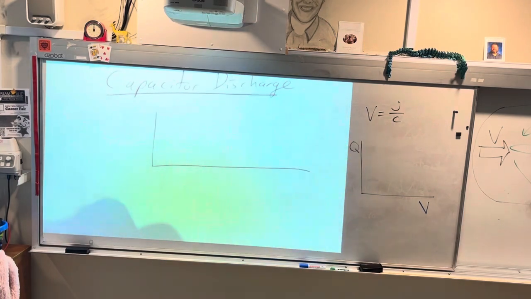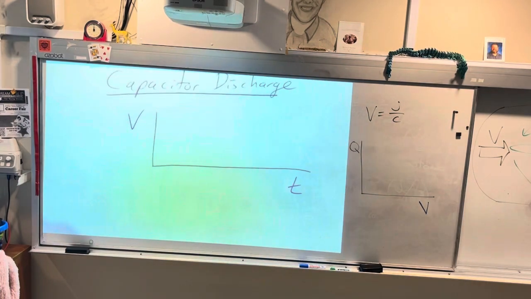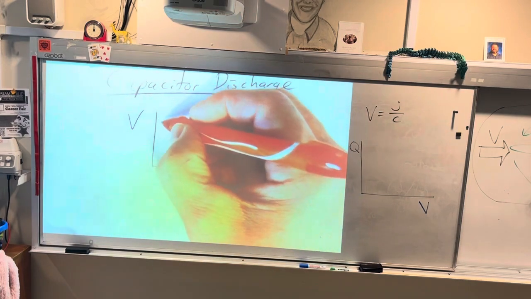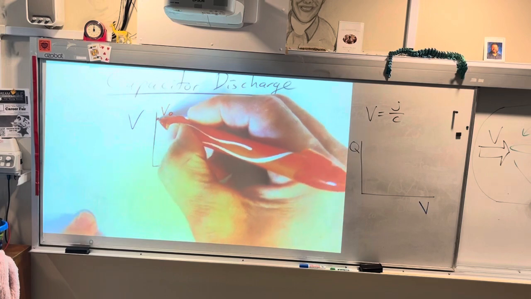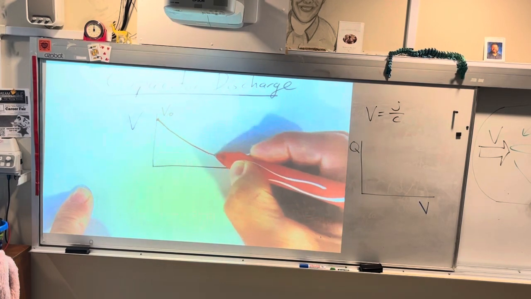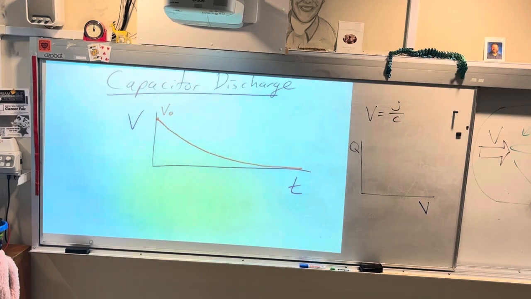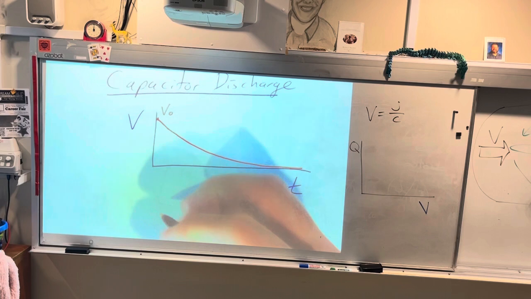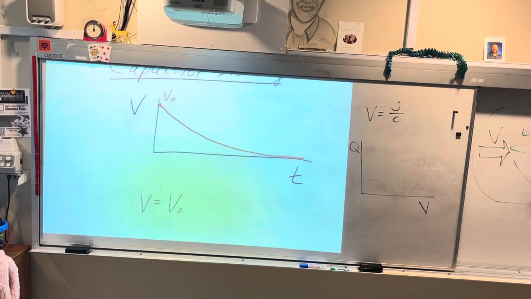So this is voltage versus time this time, and you start at whatever your V naught is, and it's going to look something like this, and the relationship is V equals V naught. And what do you think comes next, looking at that graph?